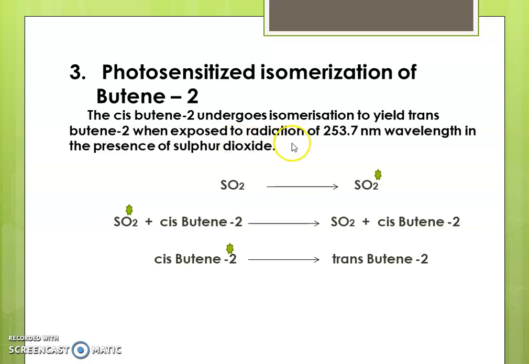That is, in the absence of sulfur dioxide, this reaction does not happen. Okay, here this reaction is taking place only with the assistance of what? Sulfur dioxide, which is called a third substance, that is photosensitizer.